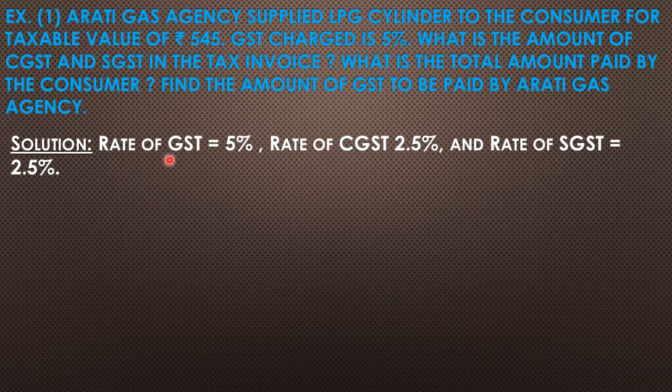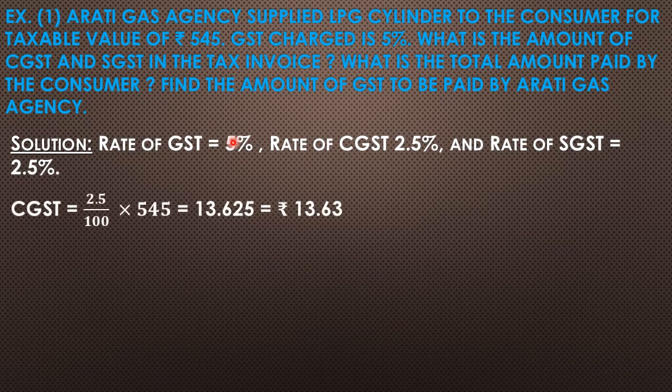Solution: the rate of GST is 5%, so the rate of CGST will be 2.5% and the rate of SGST also will be 2.5%. Whenever you have the rate of total GST, half of it will be central GST and half of it will be state GST. Next, CGST will be 2.5% of 545, that is 2.5 upon 100 into the taxable value.